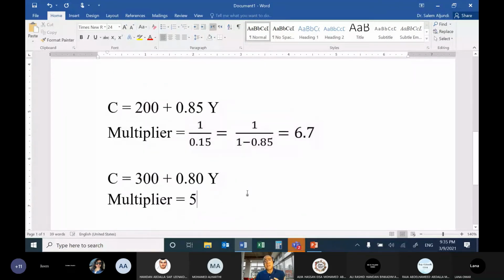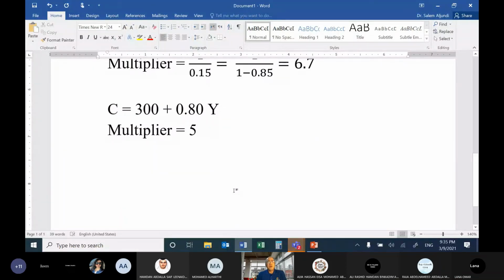So as the marginal propensity to consume is greater, the multiplier will be greater. Why? Because if you receive an income, you will spend a greater part of your income to purchase something.